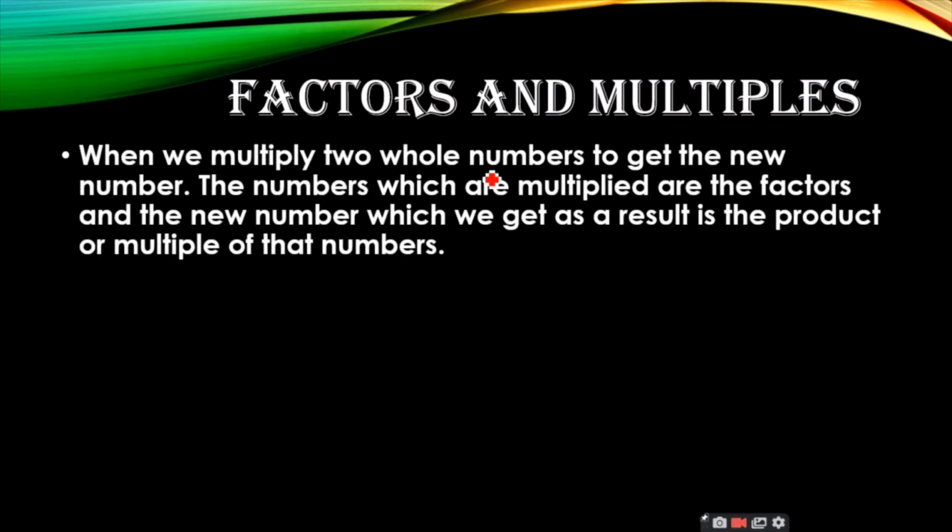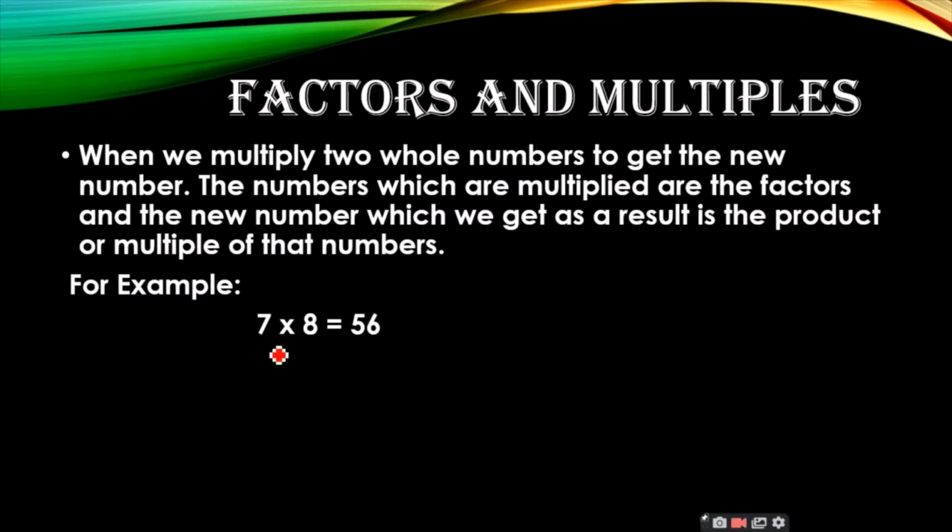When we multiply two whole numbers to get a new number, the numbers which are multiplied are the factors, and the new number which we get as a result is the product or multiple of those numbers. For example, 7 multiplied by 8 is equal to 56.